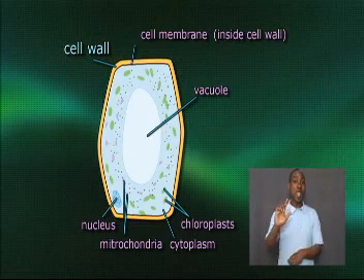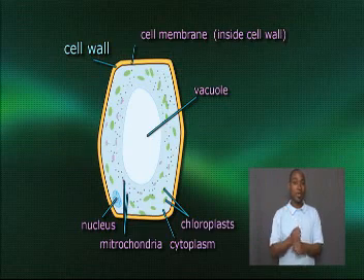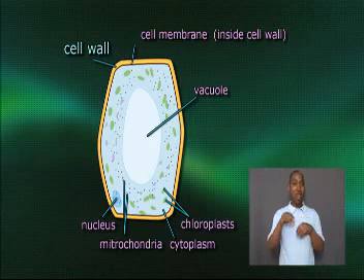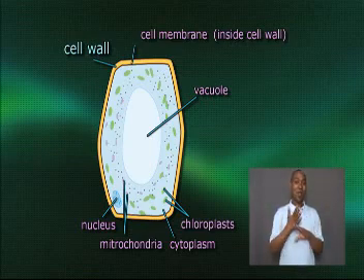This enables the plant cell to resist high pressure without bursting. A plant cell takes up water by osmosis till it becomes fully turgid without being destroyed.